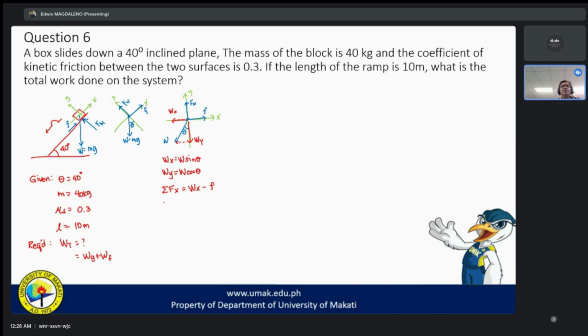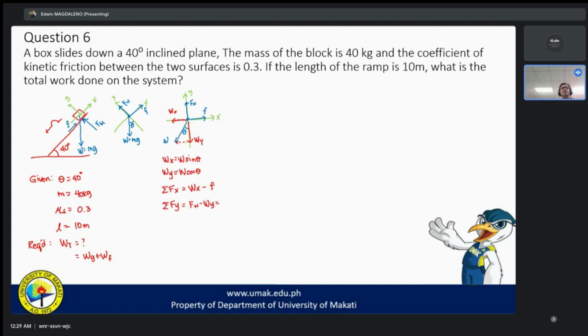And of course, the summation of forces along the y includes the weight along the y and the normal force going up. There are no motions along the y. The motion is only along the x. So we could assume a positive and a negative. Let's make Fn, the normal force, positive, and the weight, since that is going down, negative.